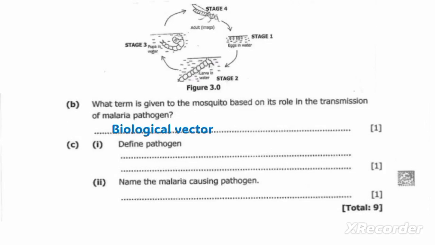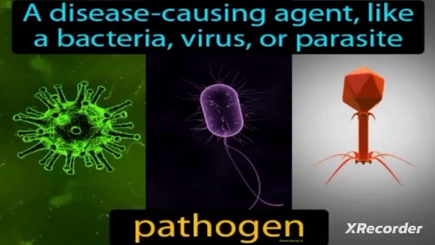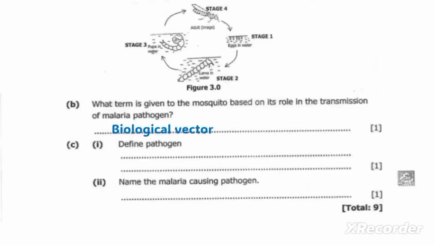The next question, which is question C, Roman numeral 1. The question reads, define pathogen. What is a pathogen? A pathogen is a disease-causing agent like bacteria. Bacteria, viruses, and parasites are all under pathogen.